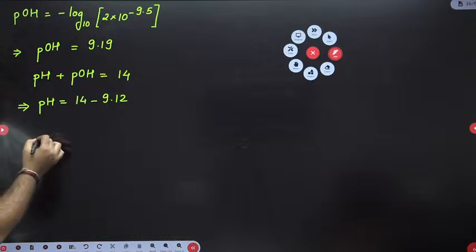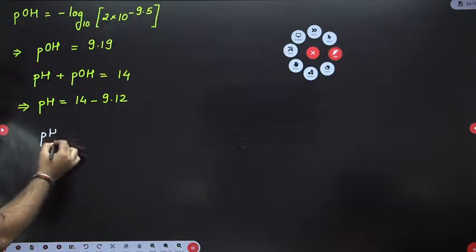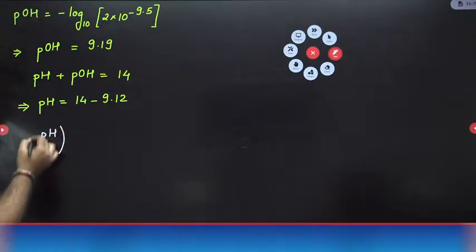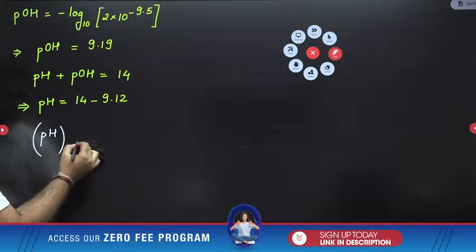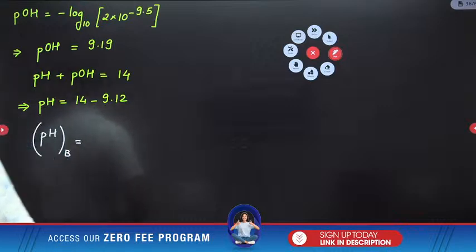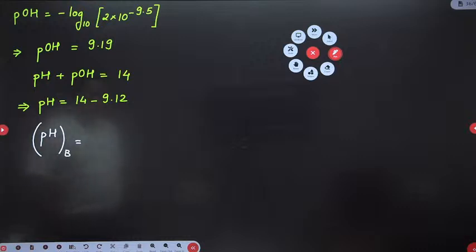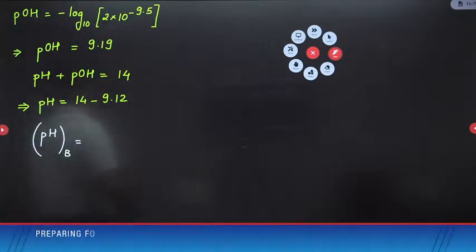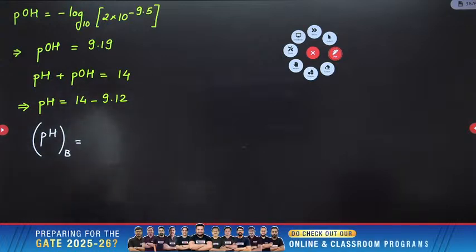So pH for industry B will be how much? This will be, I think, 4 something. Please calculate this. Very good, Akshat. Very good, Kirti. Kindly calculate pH for industry B. It is 4.8. Okay.